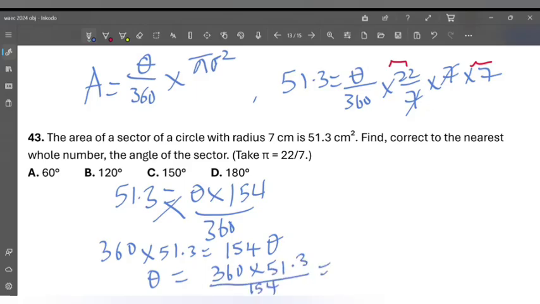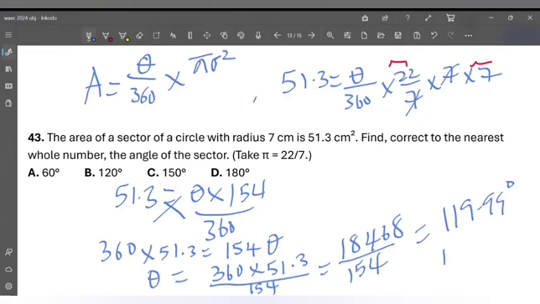Alright, so when I punch into my calculator, 360 times 51.3 gives me 18,468 divided by 154. So when I divide that by 154, what I have is 119.99 degrees, which is approximately 120 degrees. Option B.